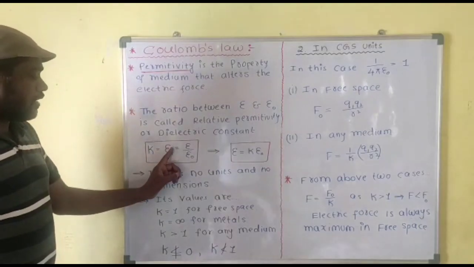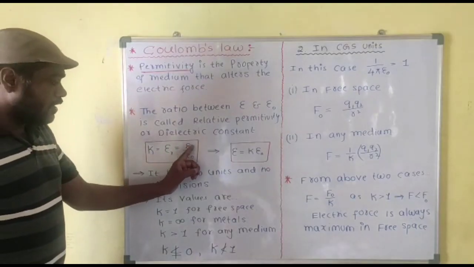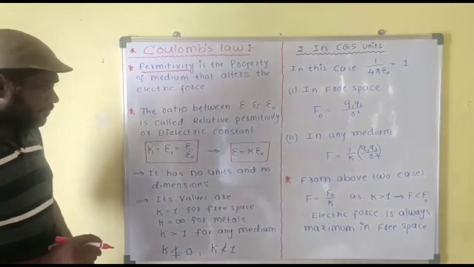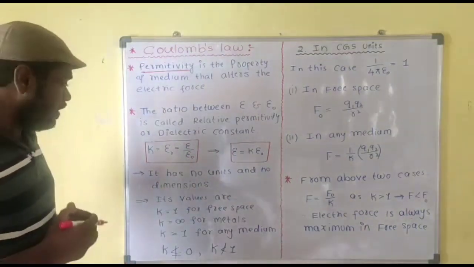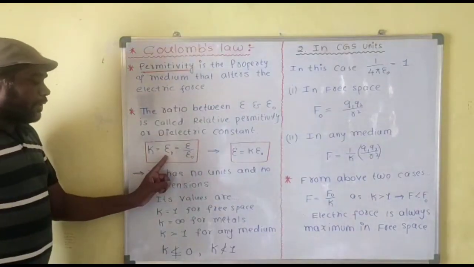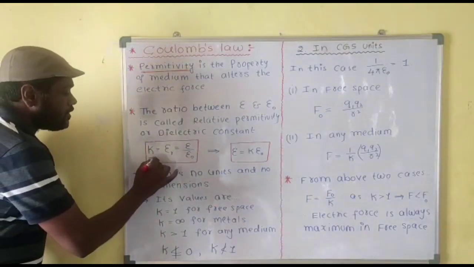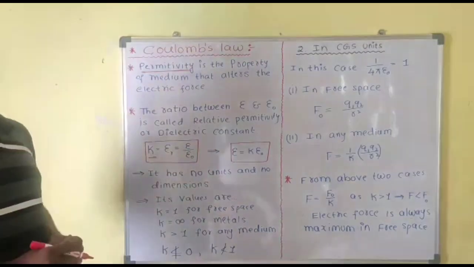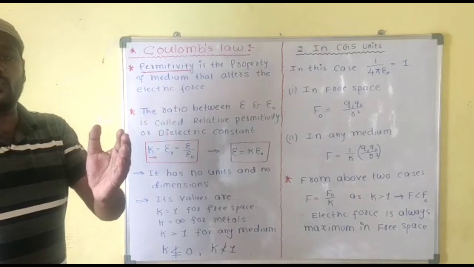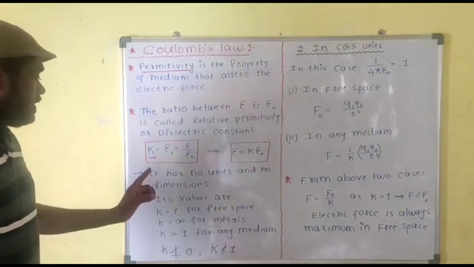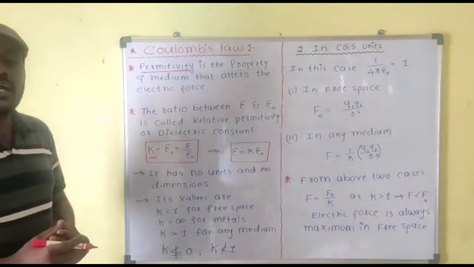K is equal to epsilon R, which is equal to epsilon by epsilon naught. Here you can write epsilon is equal to K into epsilon naught. This relative permittivity or dielectric constant K has no unit and no dimension, but permittivity has unit and dimension. Go through the theory and you can understand.